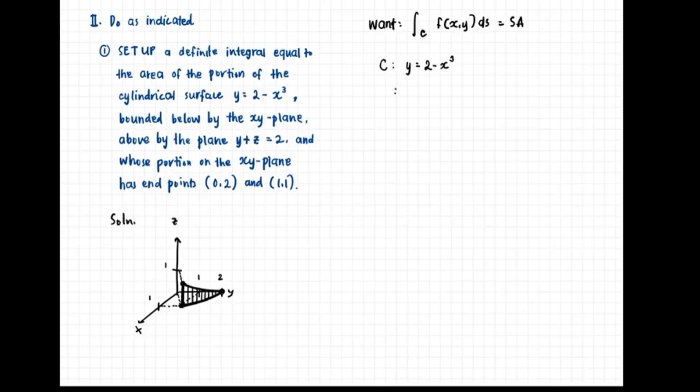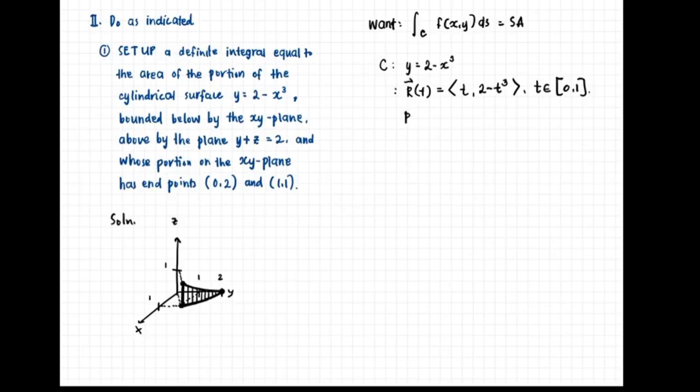So for its parametrization r of t, x is the independent variable, so we could set that as the parameter. y is automatically given by 2 minus t cubed, where t, the parameter, is given by x. So x here, notice, runs from 0 up to 1. So t is from 0 until 1.